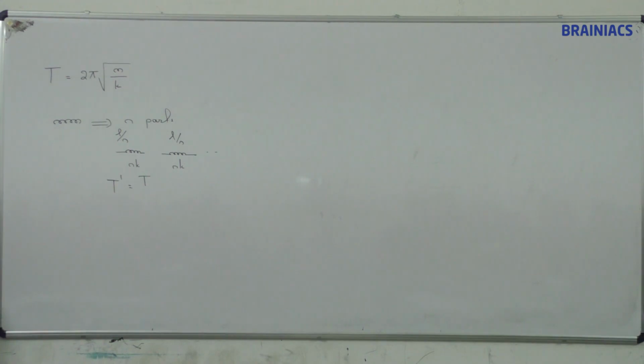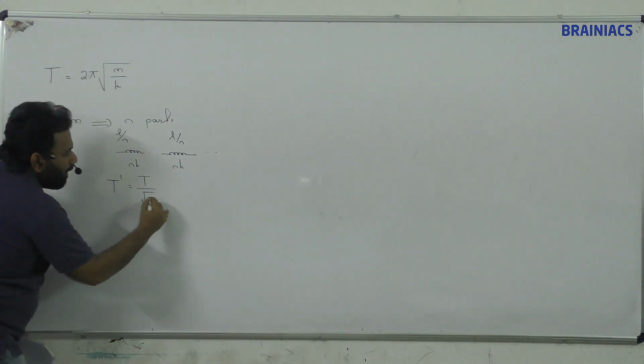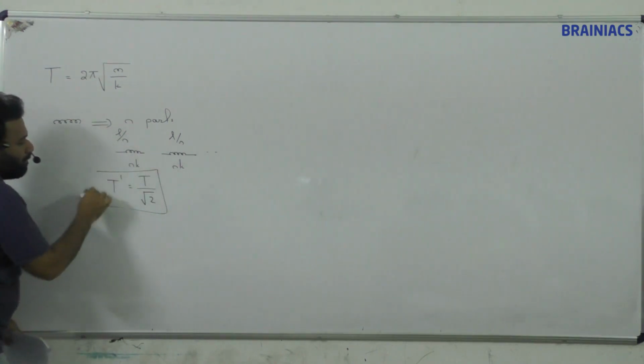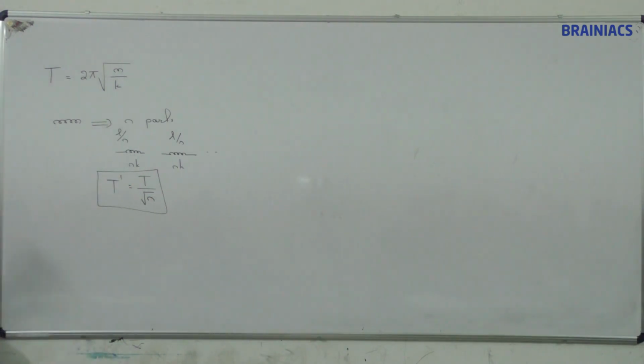Root n in the k, so that is T by root n. If you are dividing a spring into n parts, the corresponding time period is nothing but T by root n.